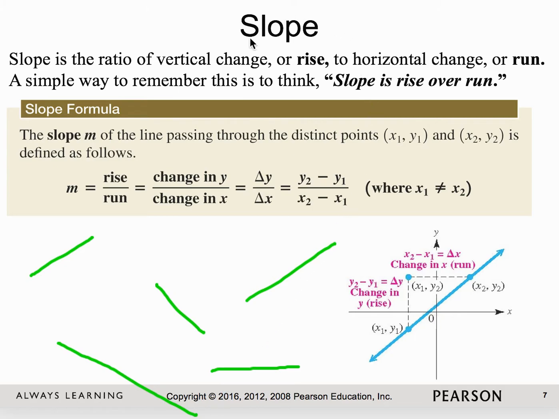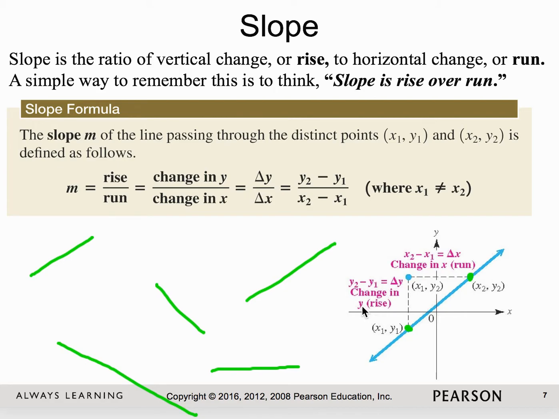So slope is the ratio of rise to run. In other words, if you're at one point, then how far up you go compared to how far over you go to get back on the line, we call the slope.